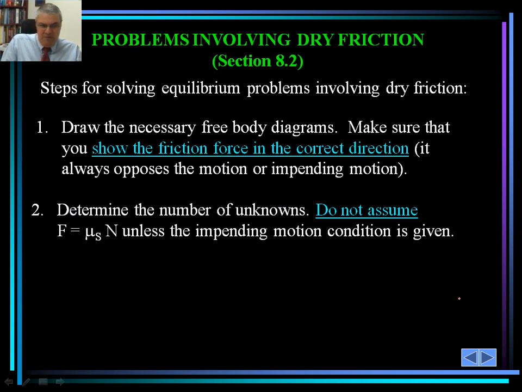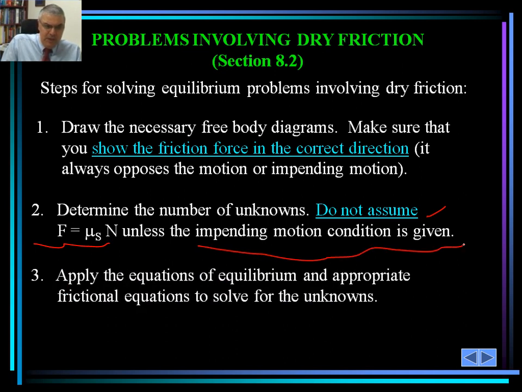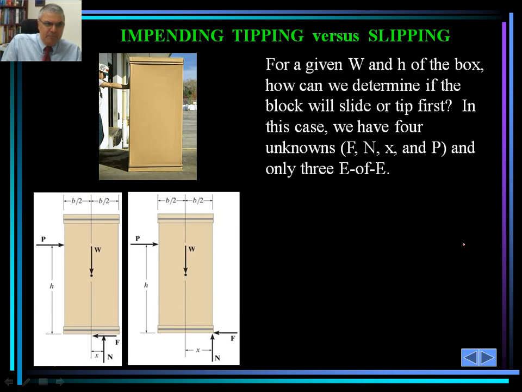We would determine the number of unknowns. Again, we cannot just make the simple assumption that F is mu sub s multiplied by N unless the impending motion condition is given. Then we would apply the equations of equilibrium and appropriate frictional equations to solve for the unknowns.